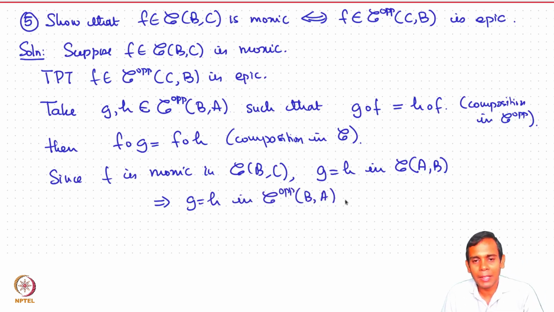The other statement can be given a similar proof, that if F in C op is epic, then F in C(B, C) is monic. And I'll leave that for you to work out if you feel like.